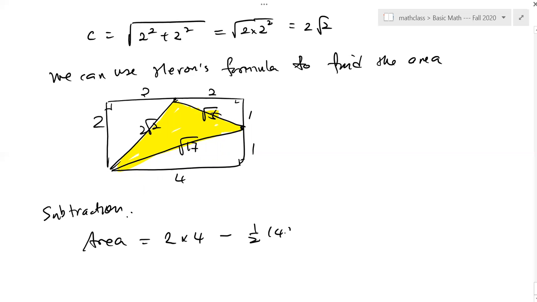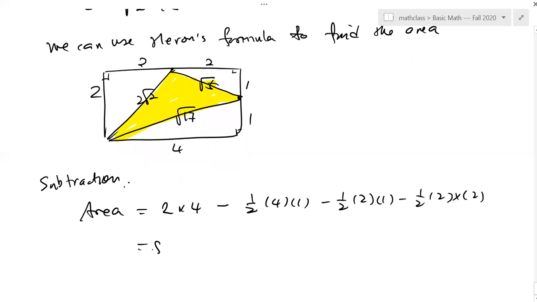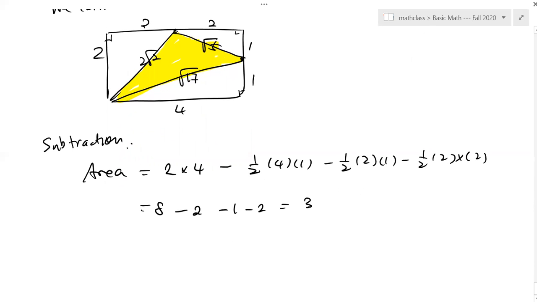So half of 4 times 1, half of 2 times 1, half of 2 times 2. That gives 8, 2, 1, minus 2. So 8 minus 5 is going to be 3. Okay, that is the correct way to do it.